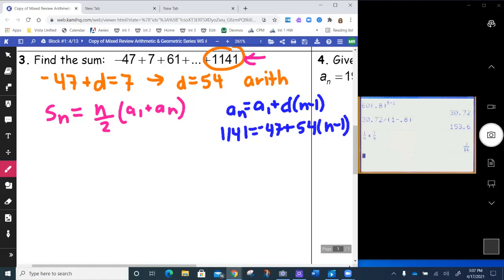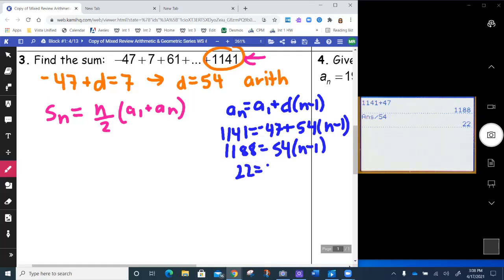Okay. And so I am going to add 47 to both sides. So 1141 plus 47 is going to give me 1188 is equal to 54 times n minus 1. I am going to divide by 54. And I'm going to get 22 is equal to n minus 1. So n is 23.